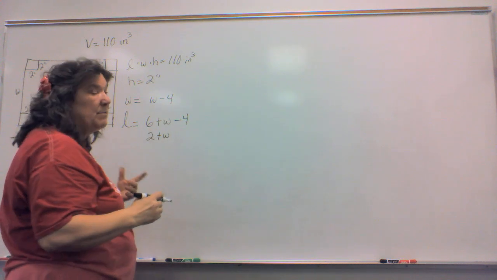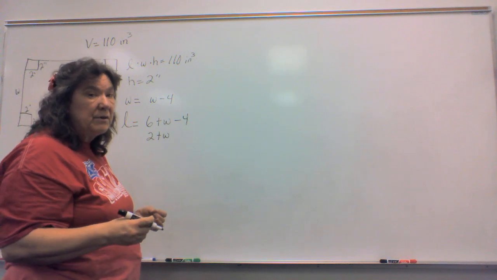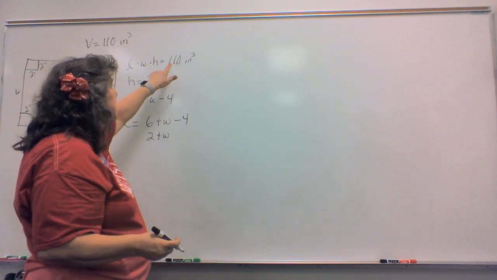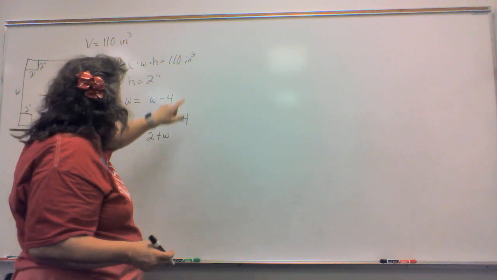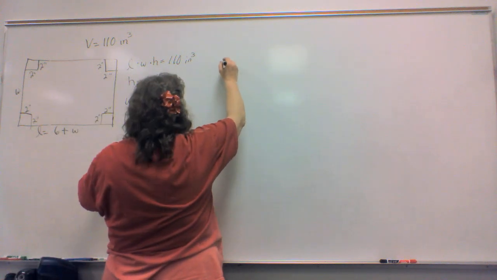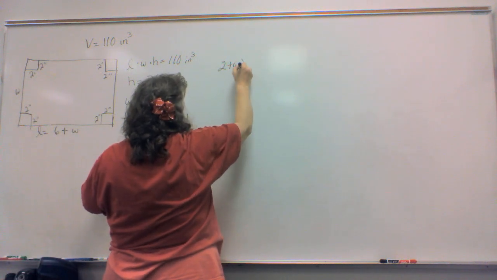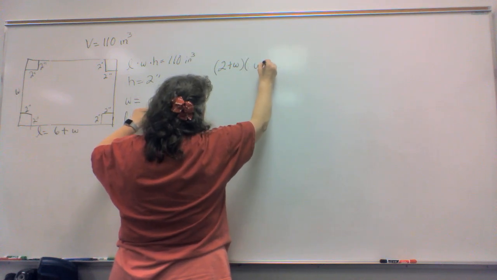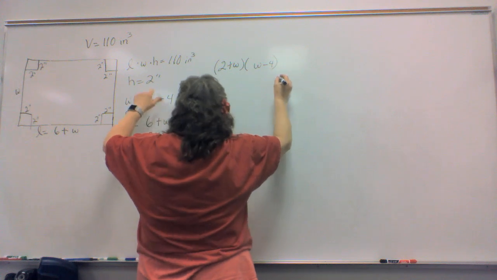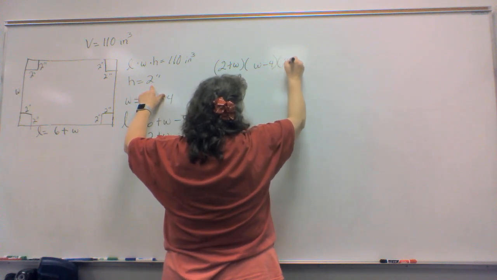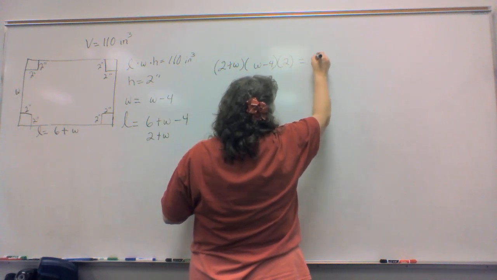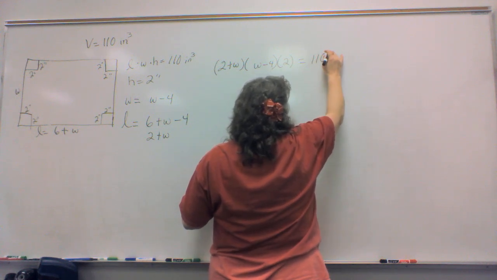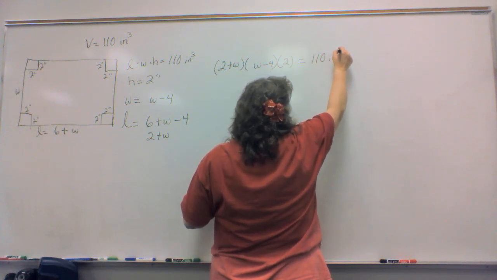Now, remember, length times width times height has to equal our 110 inches. So my length is 2 plus W times my width, which is W minus 4, times my height, which is 2, is equal to 110 in cubic inches.